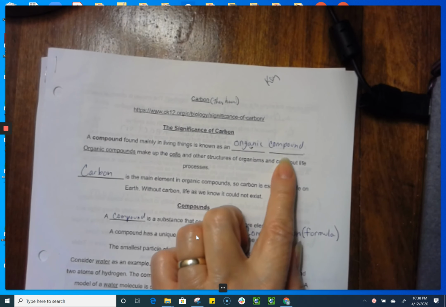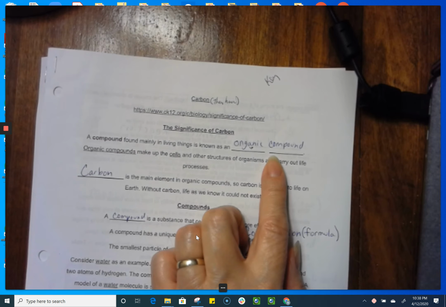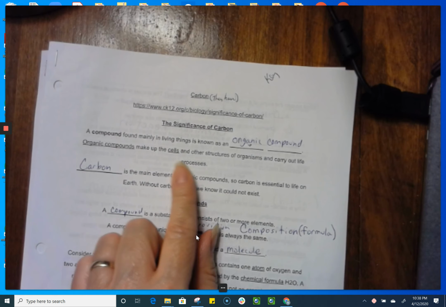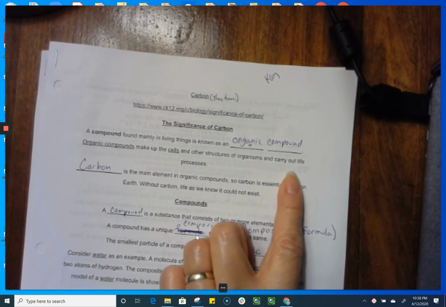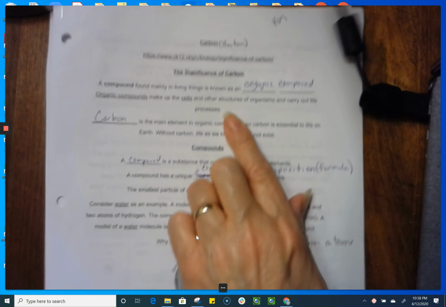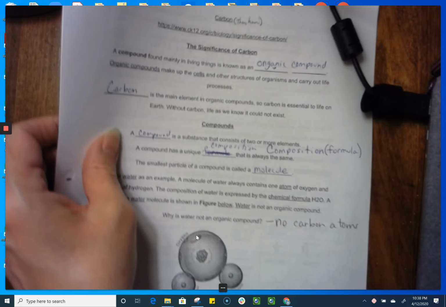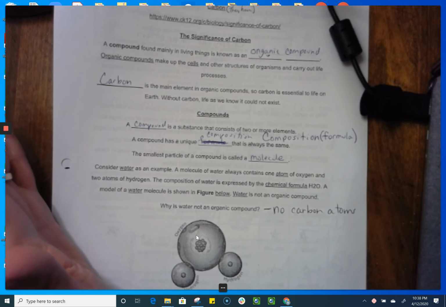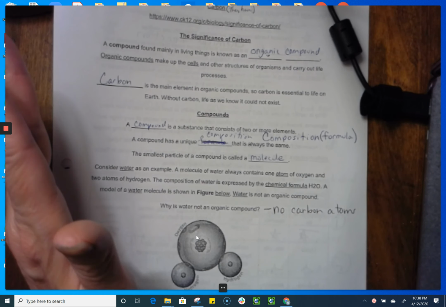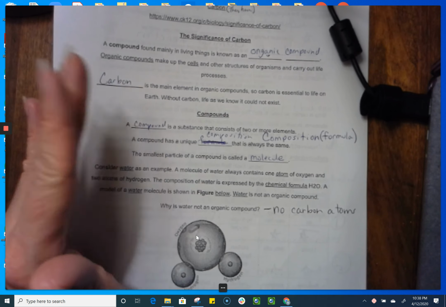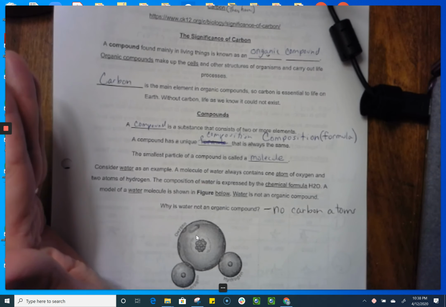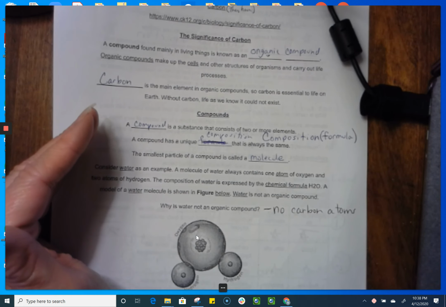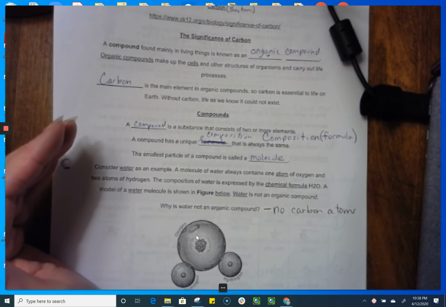So if it's in a living organism, it's typically an organic compound, and it needs to have pretty much carbon in it. Organic compounds make up the cells and other structures of organisms and carry out life processes. So these different compounds in your cells reacting with each other is what helps to give us a quality of life. It's not all that's involved, but those reactions happening between these different compounds keeps us functioning.